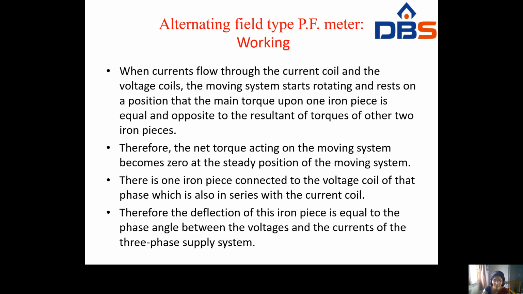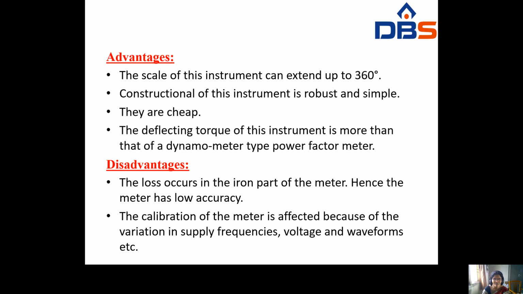The deflection of that iron piece is equal to the phase angle between the voltages and currents of the three-phase supply system, R Y B. That deflection is equal to the power factor value.